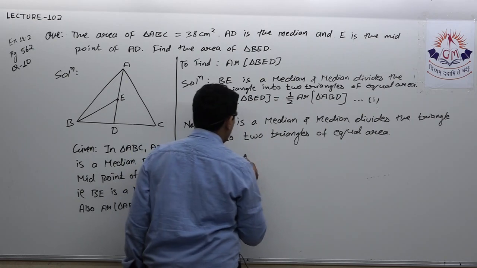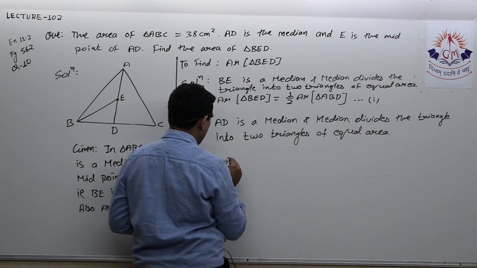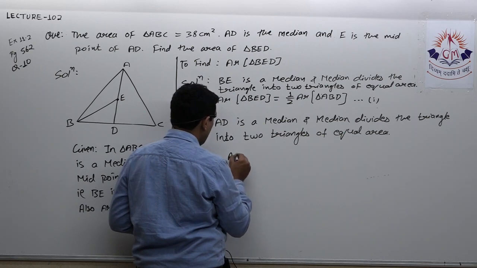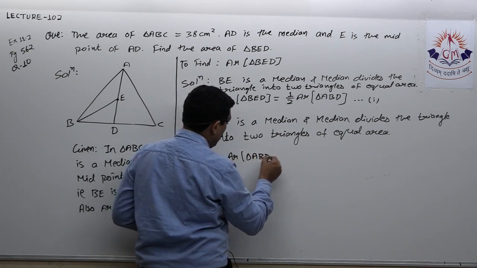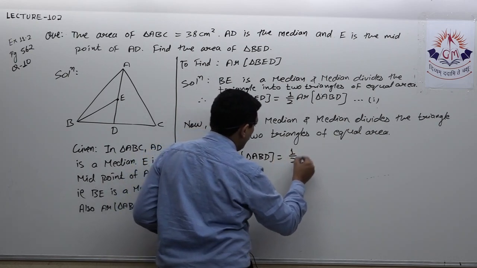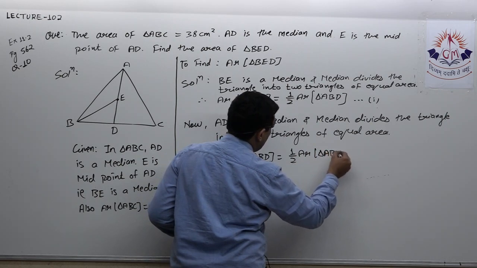Therefore, I can say area triangle ABD is equal to 1 by 2 area triangle ABC.